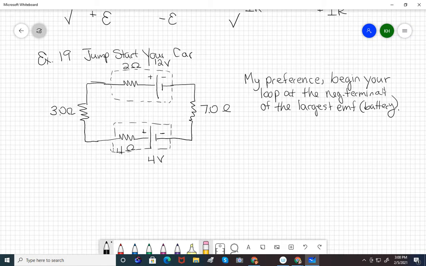So in this case, I'm going to pick right here. I'm going to start over on this side. That's where I'm going to start.